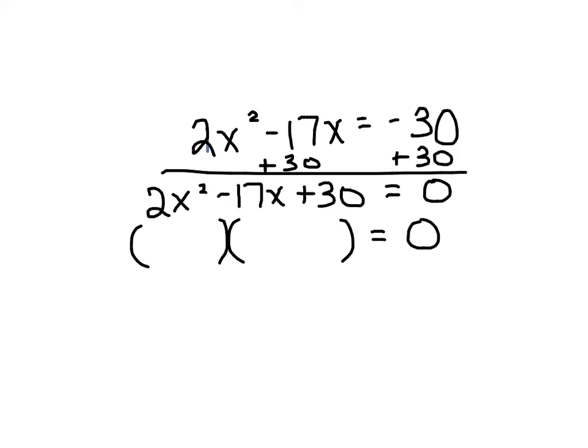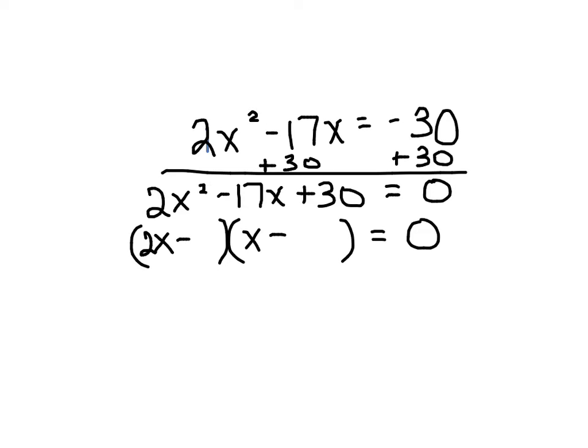What times what gives me 2x squared? 2x and x. Good. Because the back sign's positive and the front sign's negative, I know they're both going to be negative.